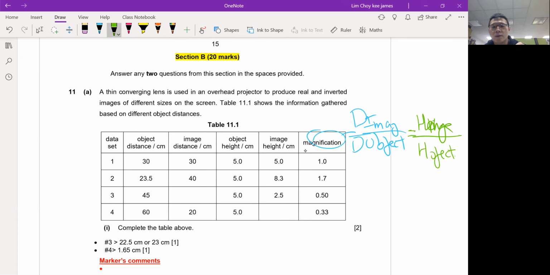So how do I get 1.7? It's actually 8.3 divided by 5.0. Okay, you get 1.7.